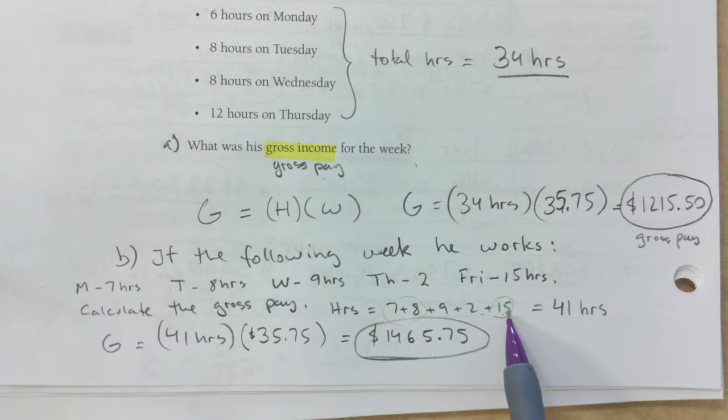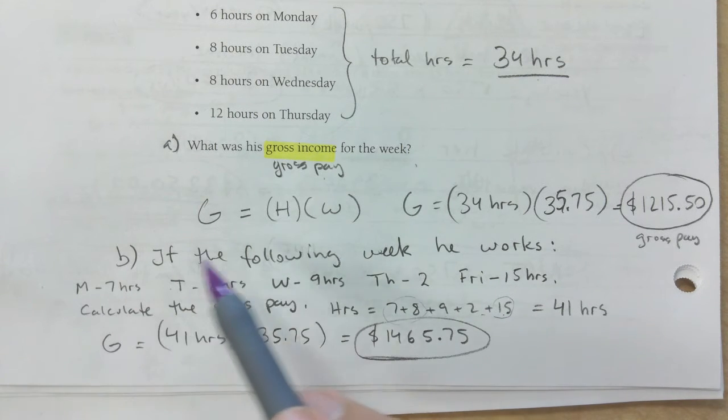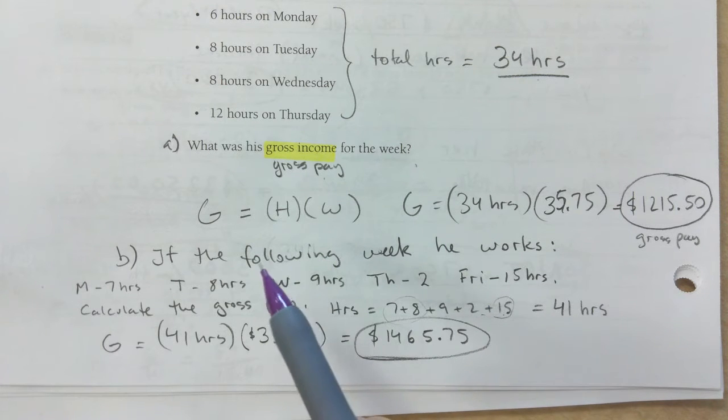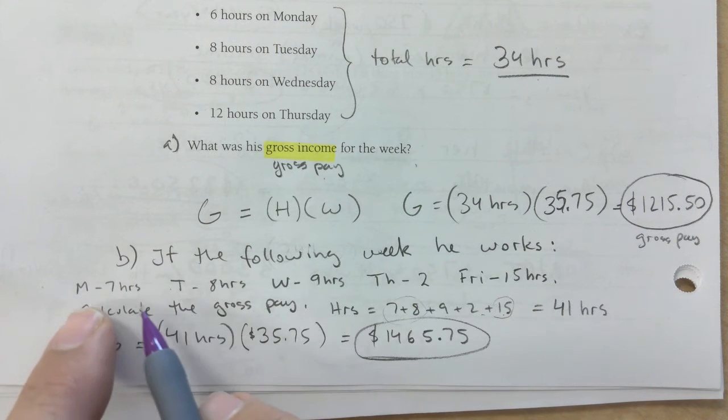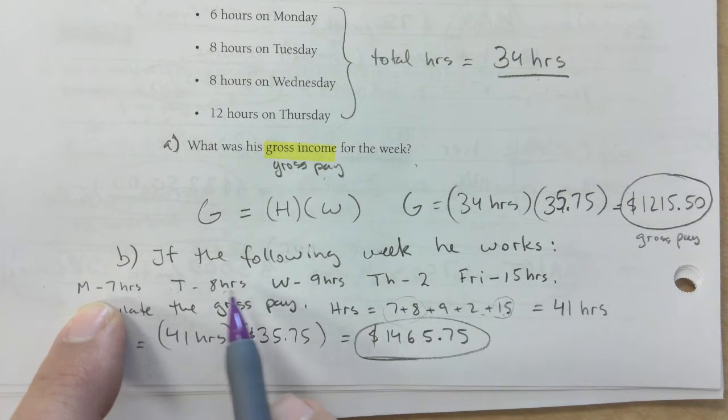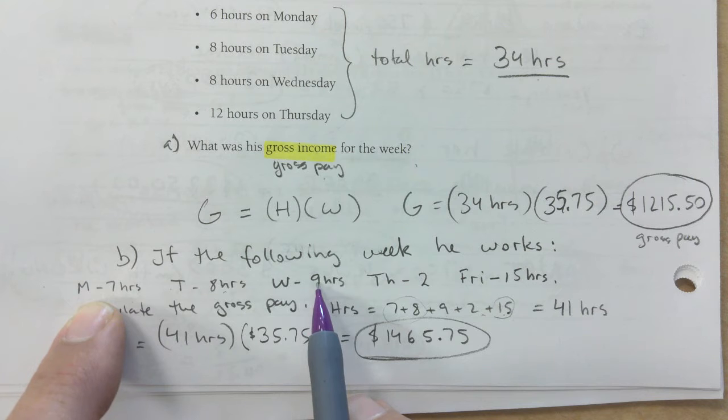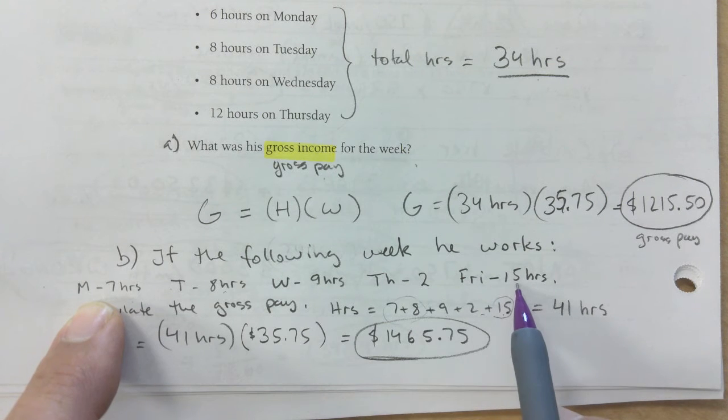Is that the one you're asking? 7, 8, 9, 2, 15.